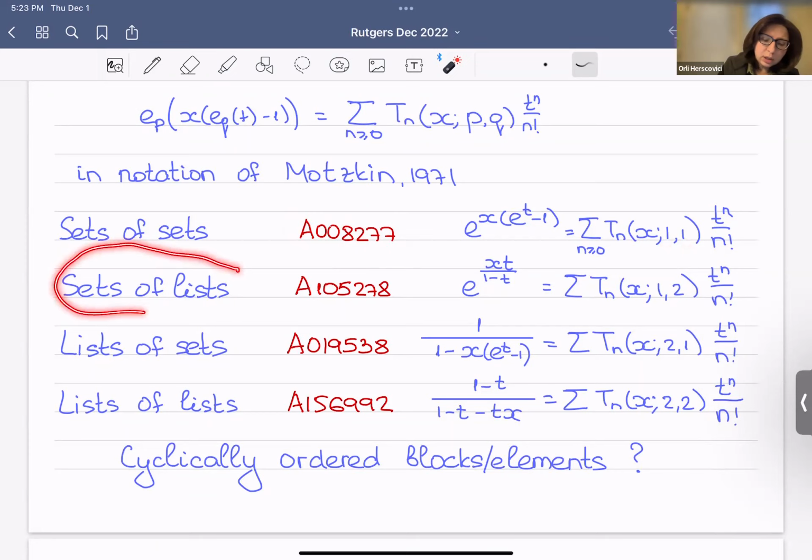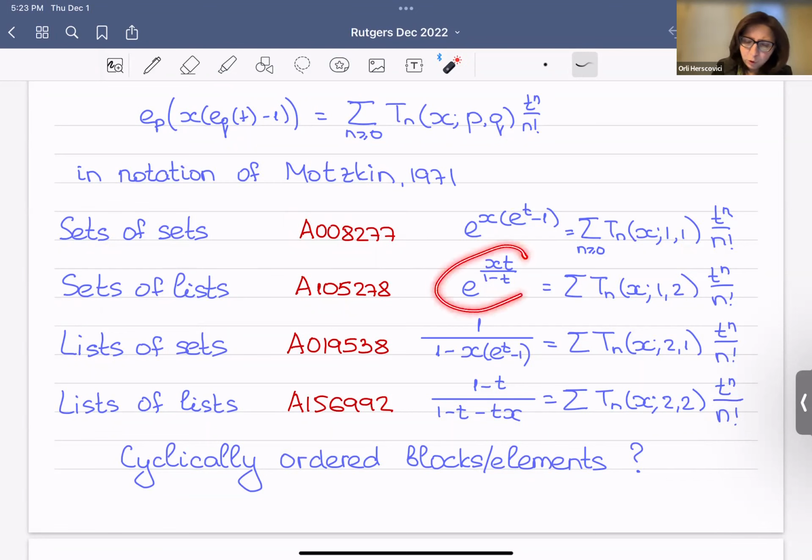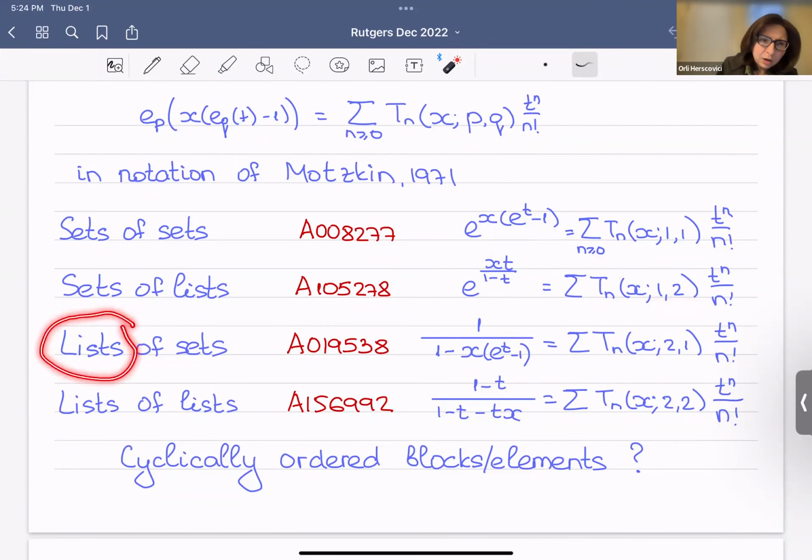If we order elements inside of blocks, but blocks themselves are unordered, we have the following generating function, and our parameters will be P equal 1, Q equal 2. If our blocks are ordered, but elements are unordered, we have this generating function, parameters P equal 2, Q equal 1.